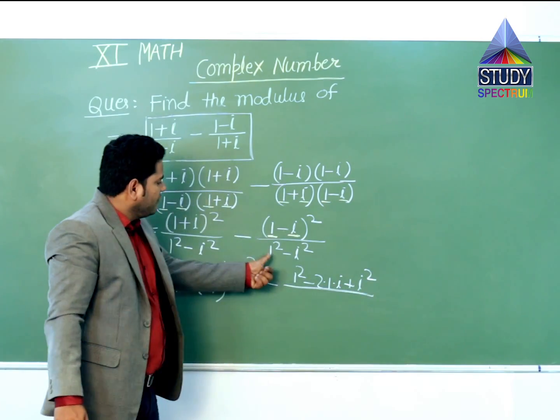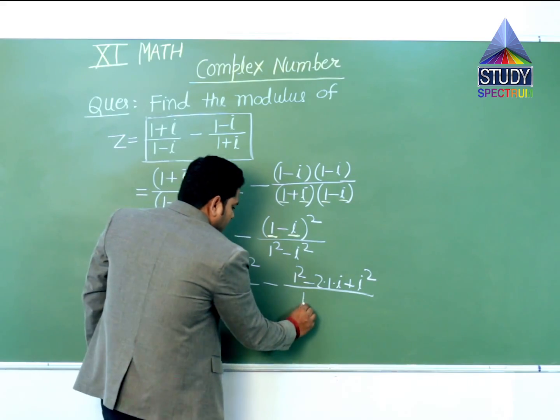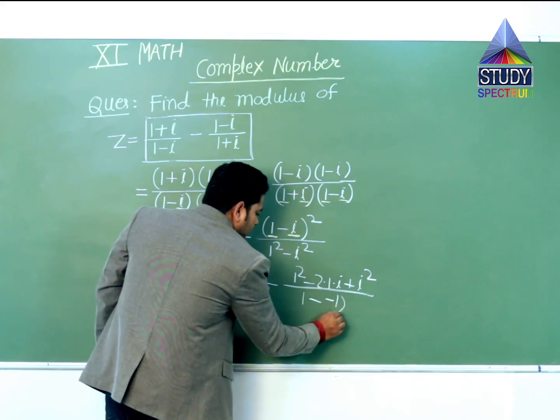In the denominator we have 1² is 1 minus i², which is −1.